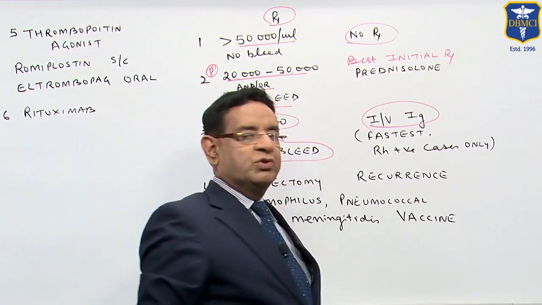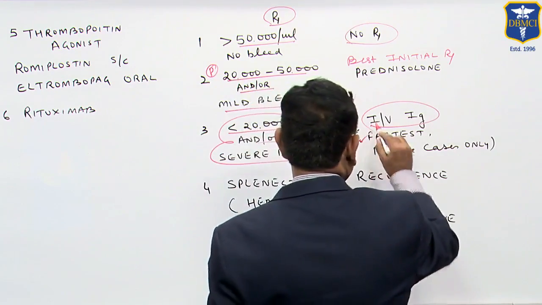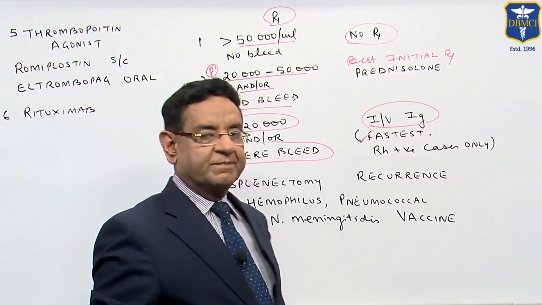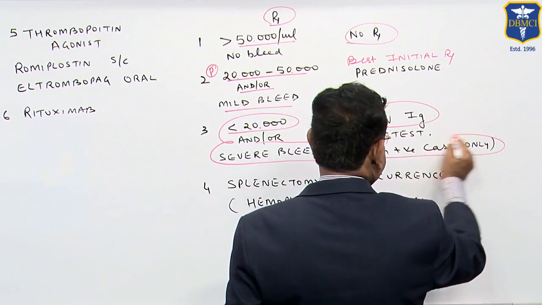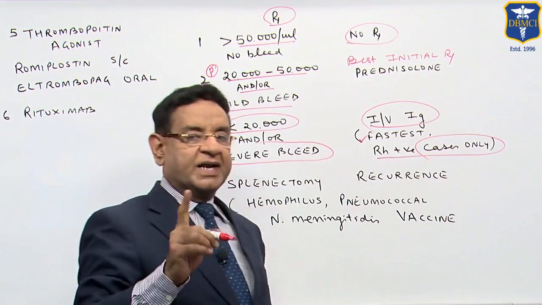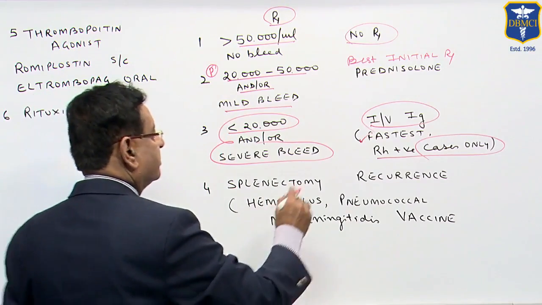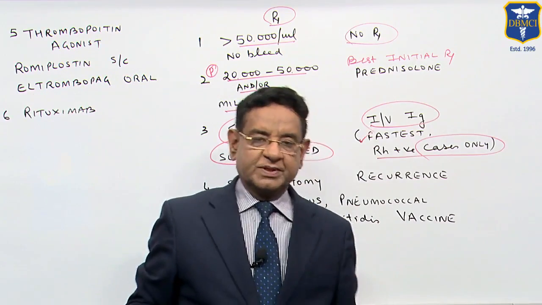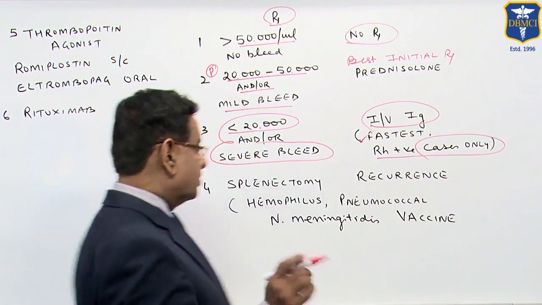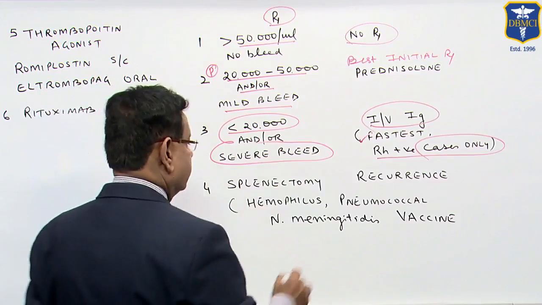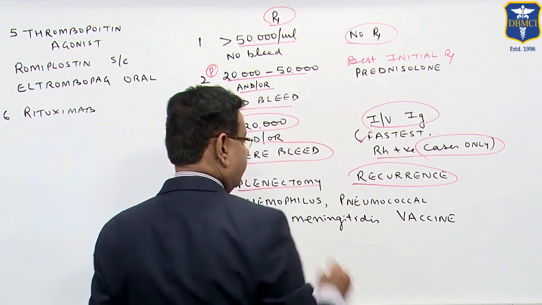How it is going to act, I have already discussed with you. It is the fastest acting drug, but it is given only in Rh positive cases. It is never given in Rh negative cases. Now, despite all these things, if the patient still has a recurrence problem, then in those recurrence cases only, we go for splenectomy.